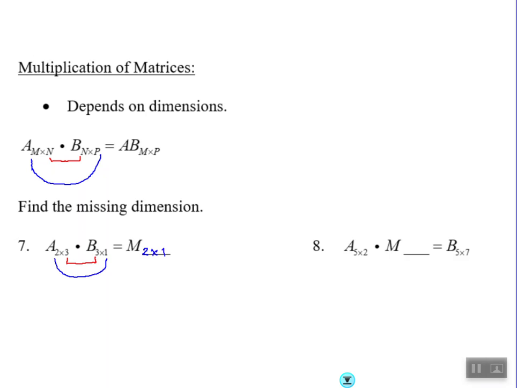Here, if we are multiplying a 5 by 2 matrix by some matrix and we end up with a 5 by 7 matrix, we know that these two dimensions have to match and that our resulting matrix will have these dimensions. So we ended up with a 5 by 7 matrix, so this has to be a 7. So our missing matrix is a 2 by 7 matrix.